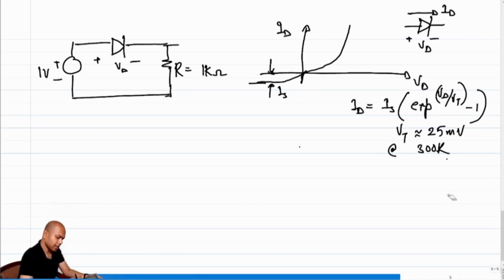Again, this is not exactly 25 millivolt. It's closer to 26 millivolt than 25, but 25 is a very friendly number, so we make our life easy and let's go with that. Okay, so now as you can clearly see, this is a nonlinear equation, right?